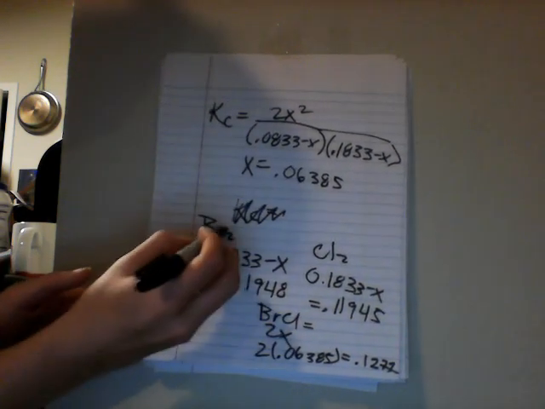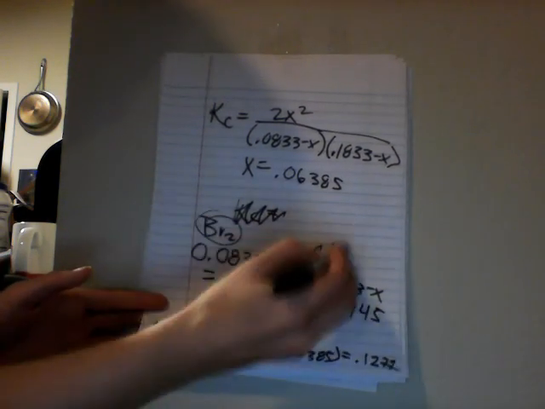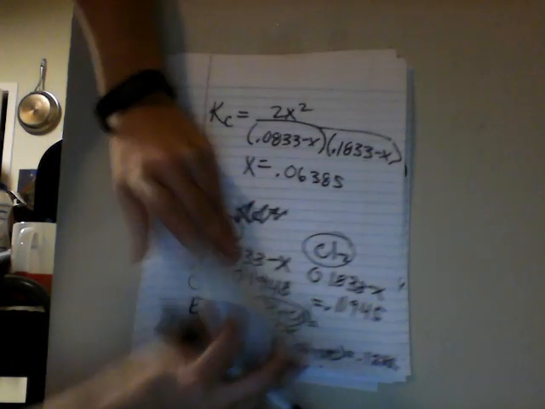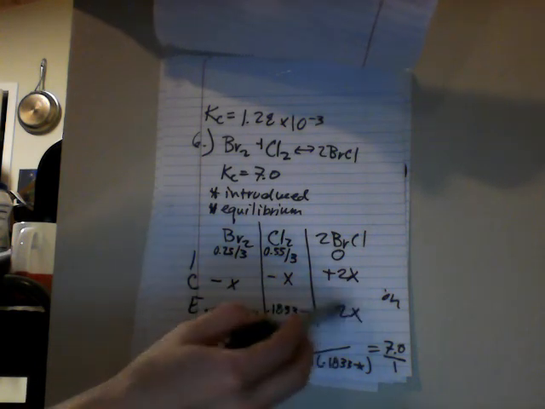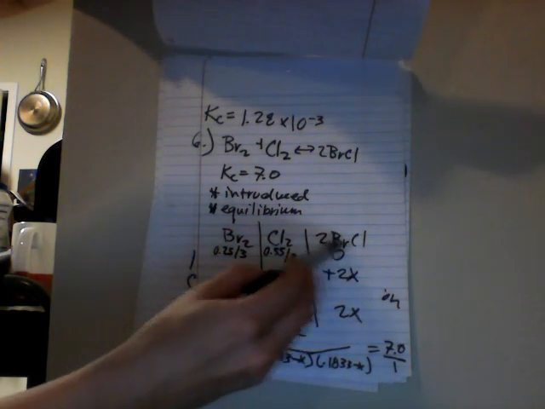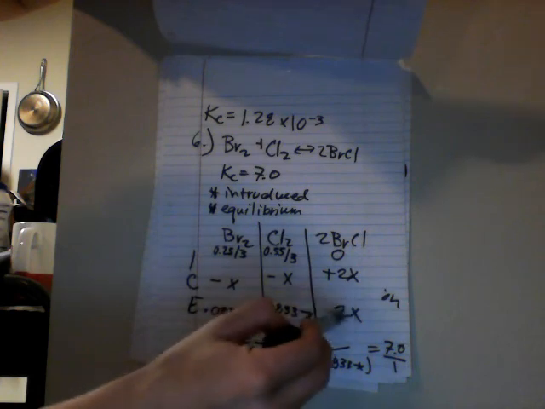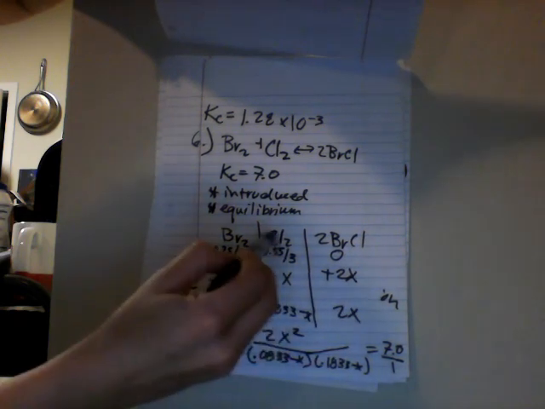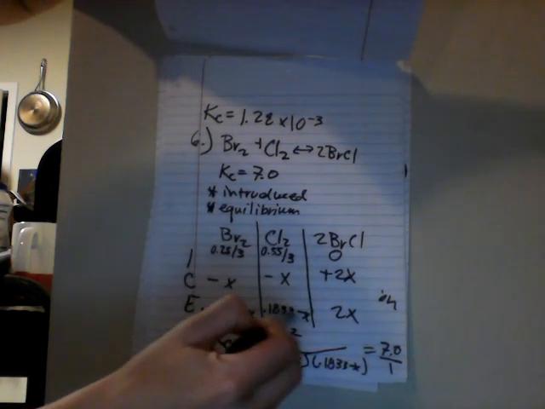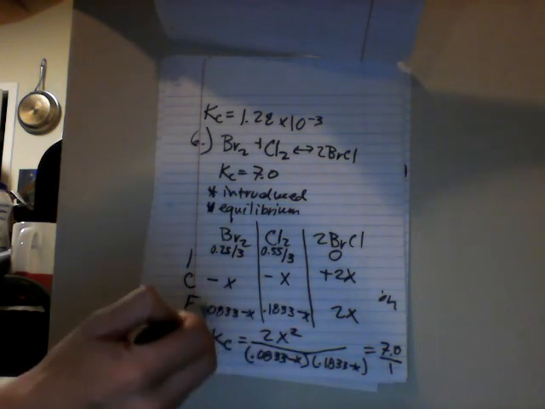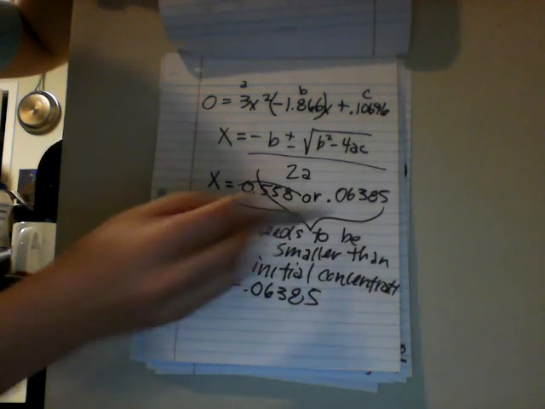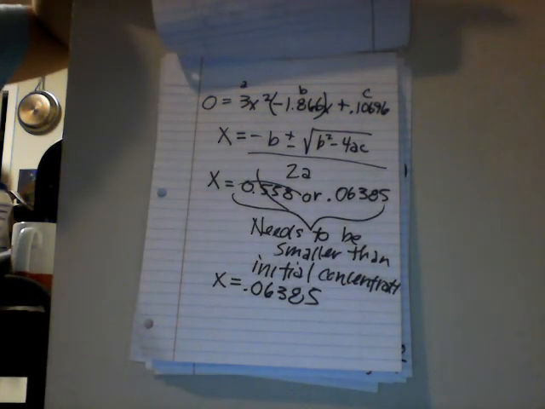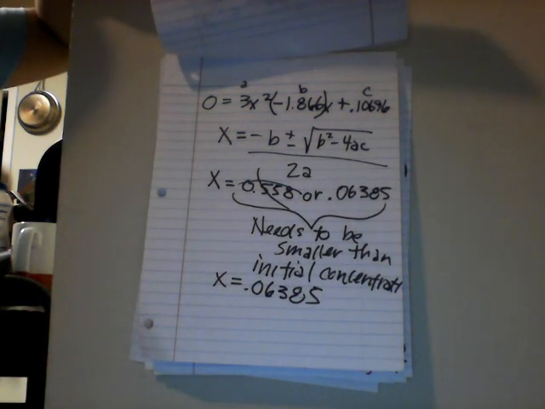So you just plug in those equilibrium values when you find your x. My equilibrium for BrCl is 2 times that x value. For Cl2, it's that number minus the x value we found, and the same for Br2. The only other trick is that when you find 2 different x's, you have to make sure that the value is smaller than your initial concentrations, okay?